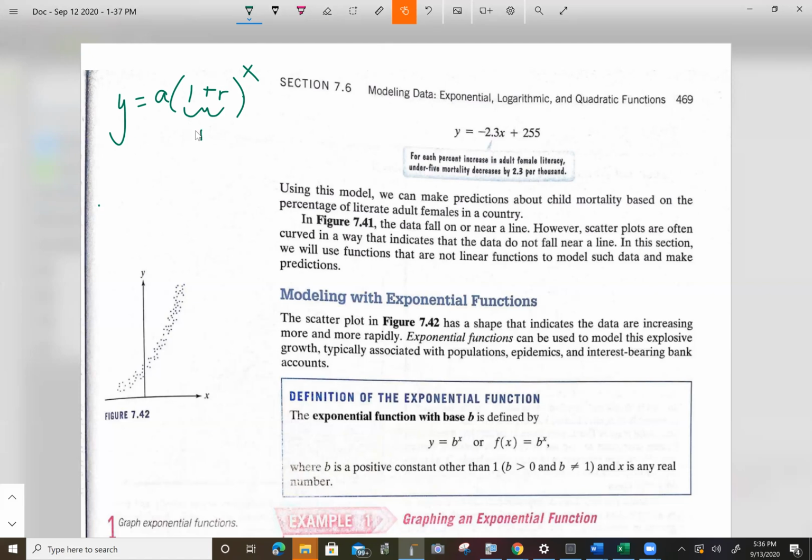So we are either increasing or decreasing at a specific rate or multiplier, okay? And if it's not a rate, you can just have a number there. That's the difference between a multiplier and a rate. And A, I'm not sure what they use. Oh, they use B. Maybe I should use B too then. The book uses B. B is going to be our starting value.